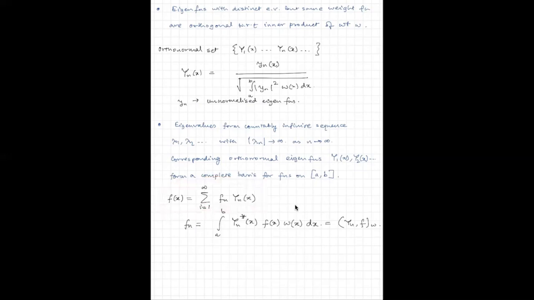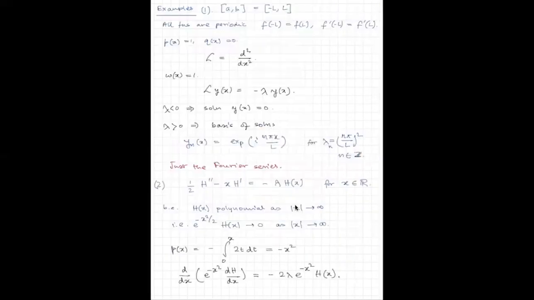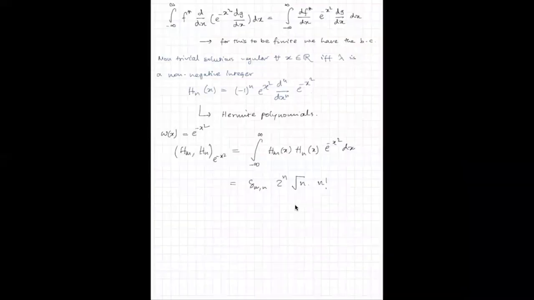So again, whatever we did from the point of view of matrices and linear equations, very similar things go through here. Then we showed you a few examples: the Fourier series, and what happens when you look at the Hermite equation, where the eigenfunctions become these Hermite polynomials.